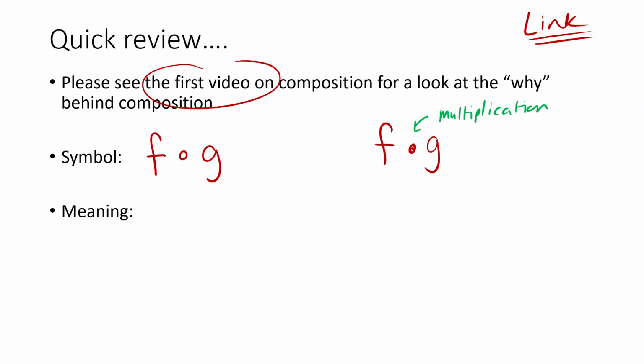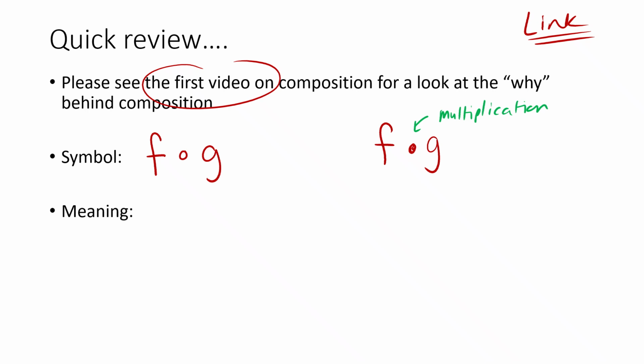Now, what does it mean when you see that composition symbol? A lot of my students trip up over this because in all of the other operations, you pretty much use the operator, that would be the adding, subtracting, multiplying, or dividing symbol, the way that you're used to using them, and you just plug in function f and function g in place of the letters f and g and then carry out the operation. Composition is a little bit different because you're not putting the two functions side by side or on top of each other in the visual layout.